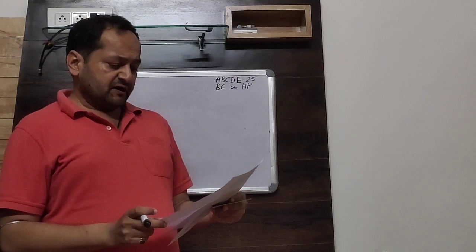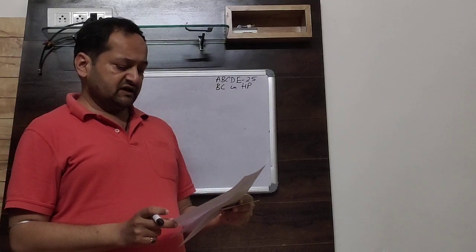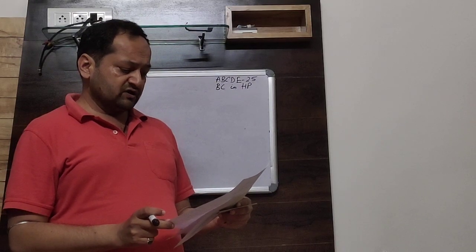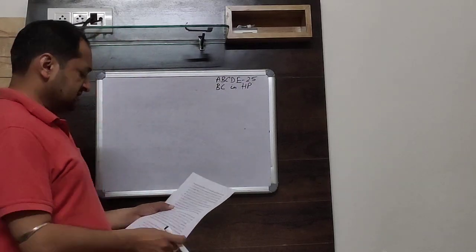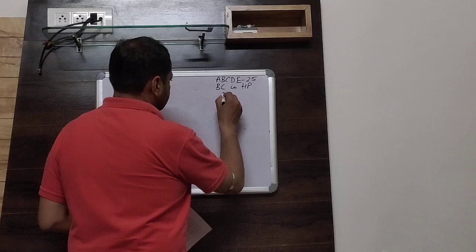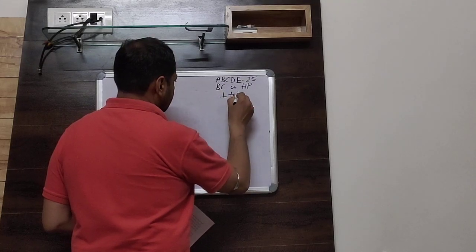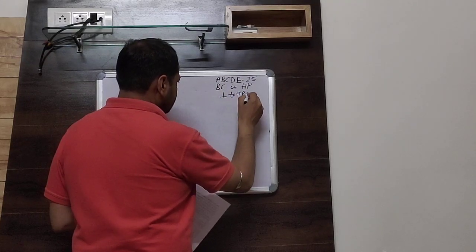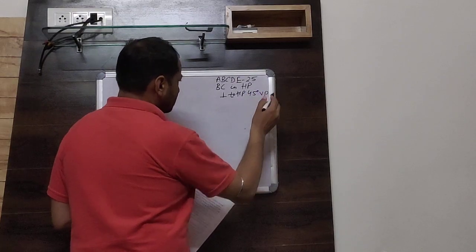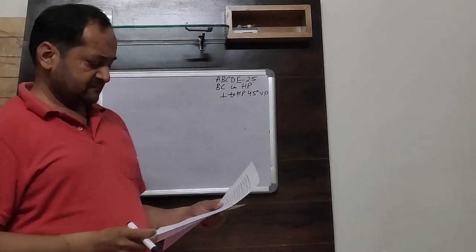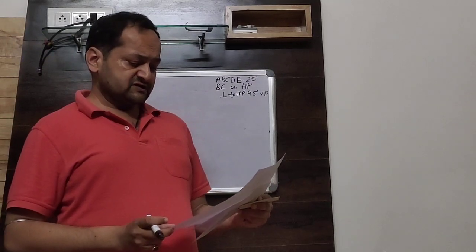Its plane is perpendicular to the HP and inclined at 45 degrees to the VP. Draw the projection of the pentagon.